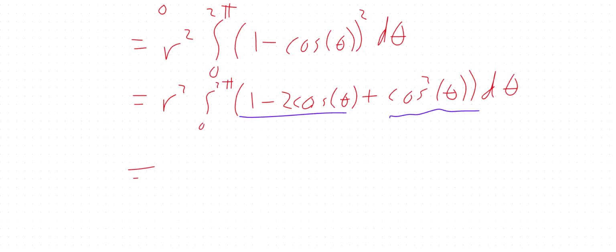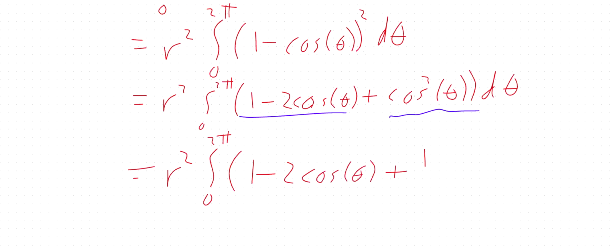Just like we did before with our trig integrals, let's use our power reducing formula. So that's 1 plus cosine of 2 theta all over 2.